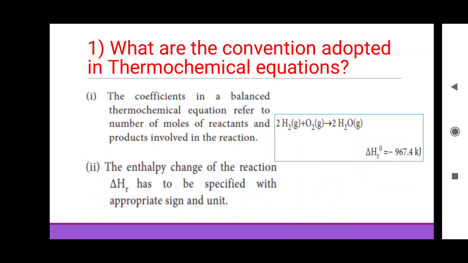Point number 2, the enthalpy change of a reaction, delta H R, has to be specified with the appropriate sign and unit. As I told earlier, for the equation you should write the delta H R standard value, whether it is negative or positive.